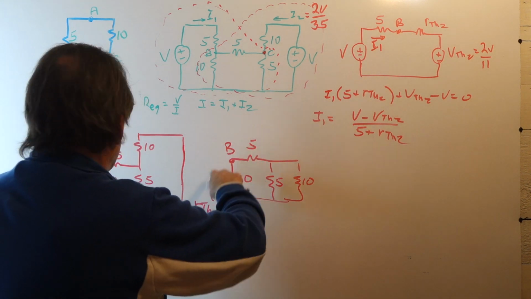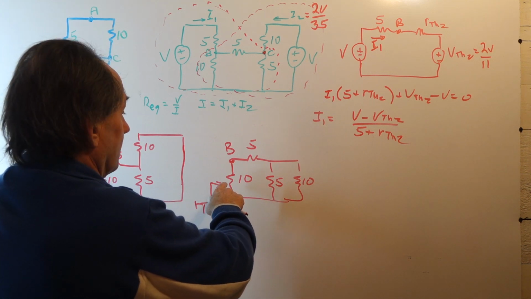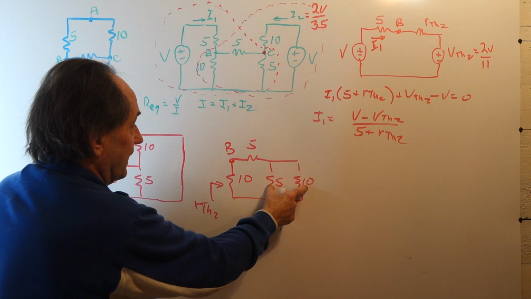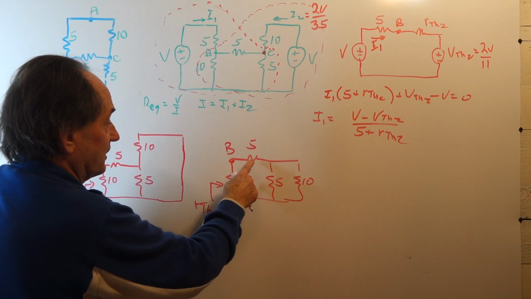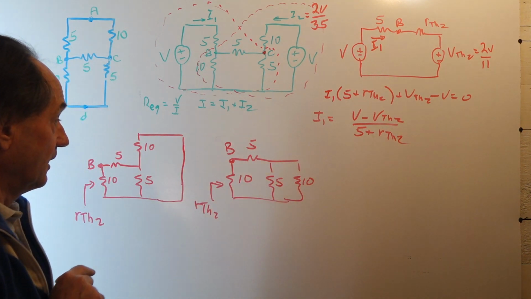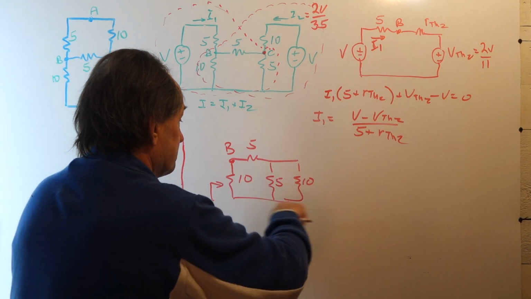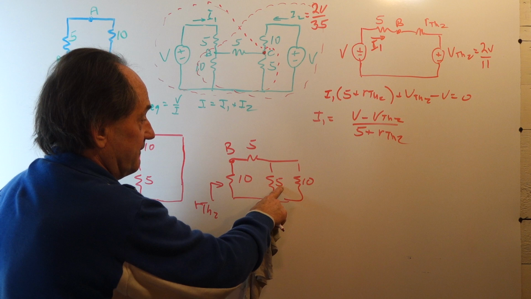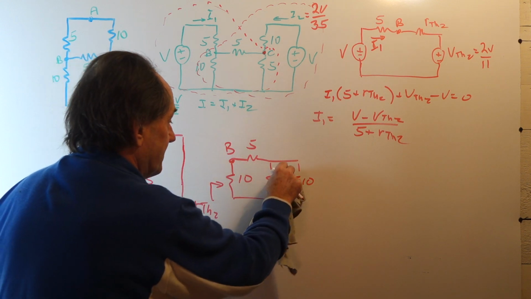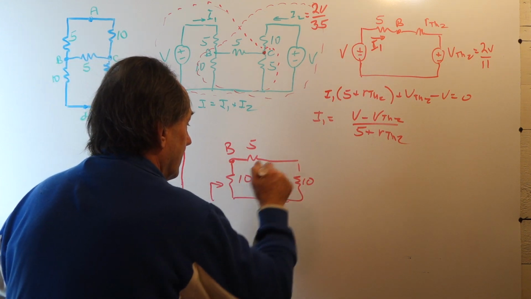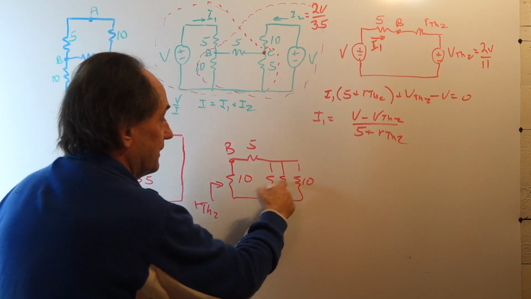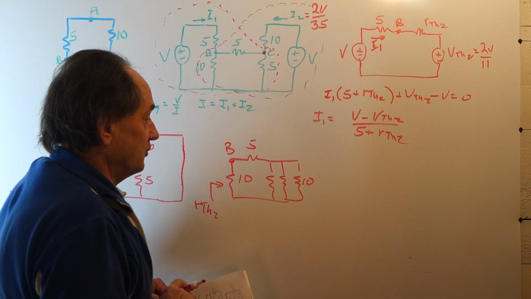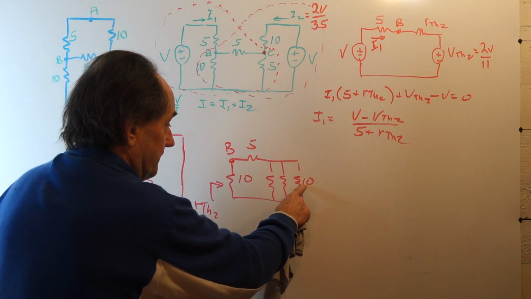Looking in here, what we have is this parallel combination in series with this parallel combination, in parallel with 10. So let's replace this by its equivalent. A 5 ohm resistor is the same as having two 10 ohm resistors in parallel. So we have three 10 ohm resistors in parallel.